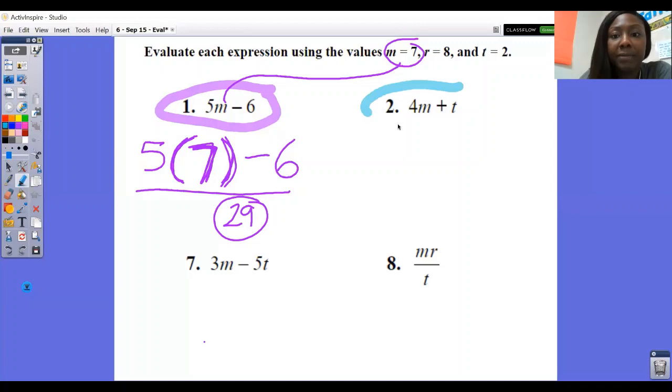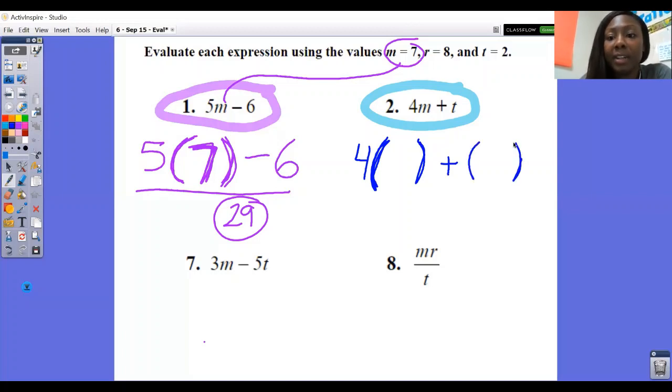Number 2, it says 4m plus t. Notice there are 2 different variables, which means we have to plug in whatever the m equals and whatever the t equals in the correct spot. So I'm going to keep my 4. The 4 will not change, but instead of an m, I'm going to make a set of parentheses, keep my plus sign, and then instead of a t, I'm going to make another set of parentheses.